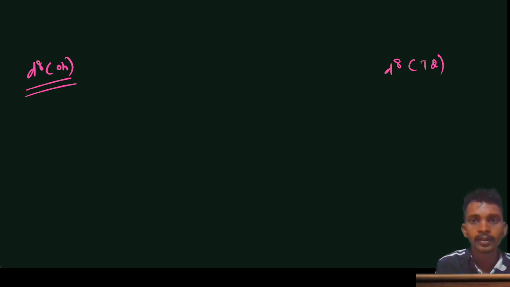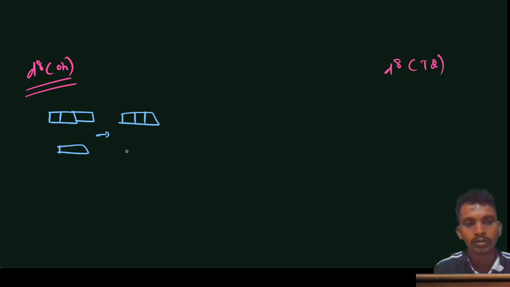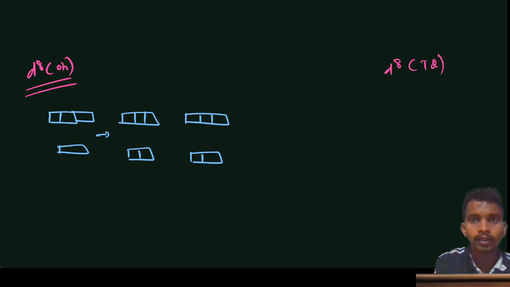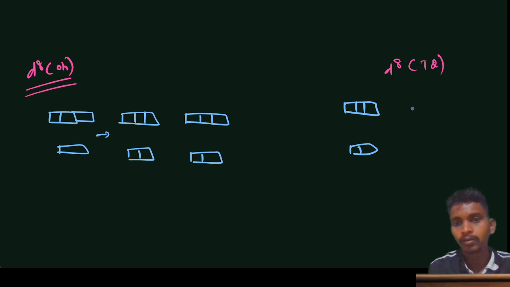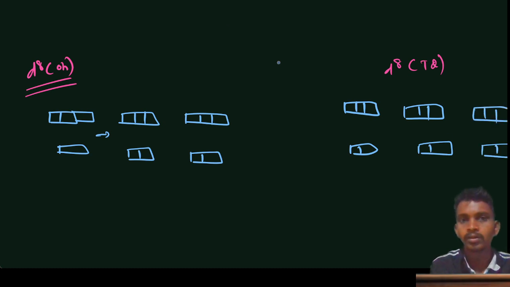So then let's fill. And these are the electrons for D8 also I am filling. Both cases I will calculate. Okay, so I am filling the electrons. See, for D8 octahedral, this is always high spin.